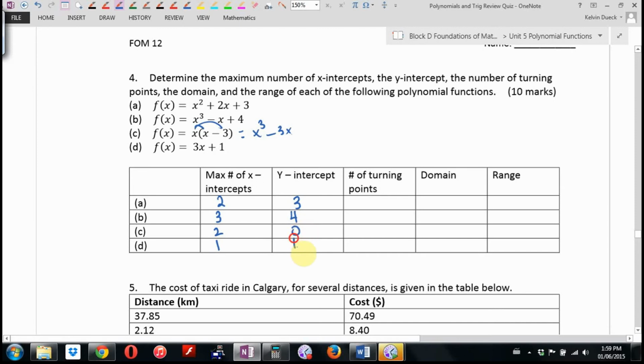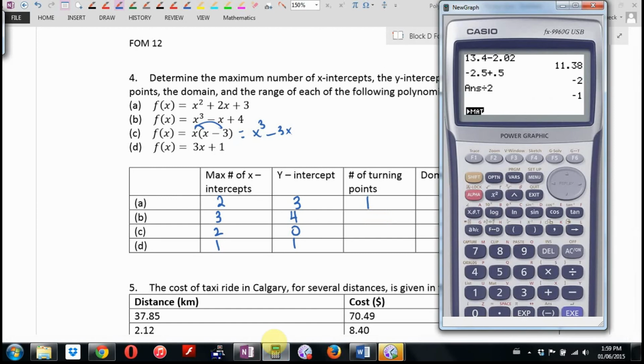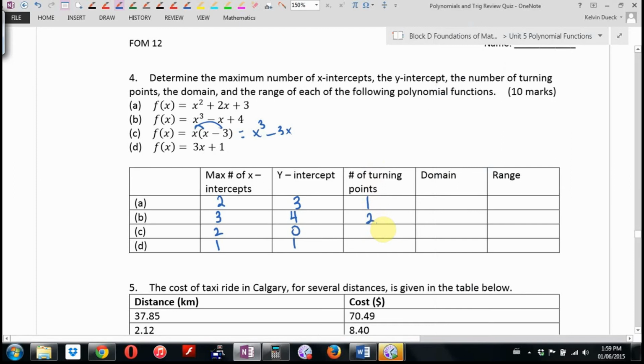0 and 1. How many turning points? A parabola has 1. X cubed, this one I'll have to graph. X cubed minus x plus 4. When I'm not sure what these look like, I go view window standard, which is kind of my default. Oh, 1, 2 turning points.